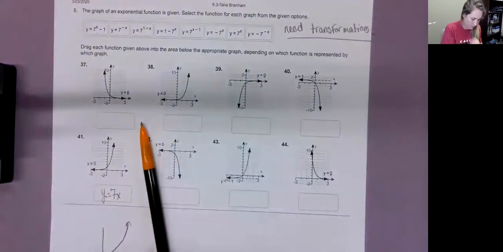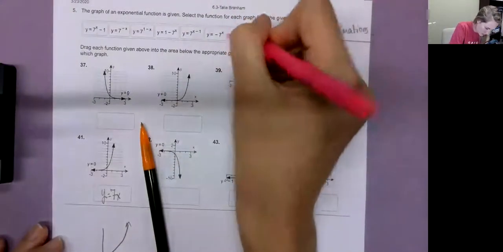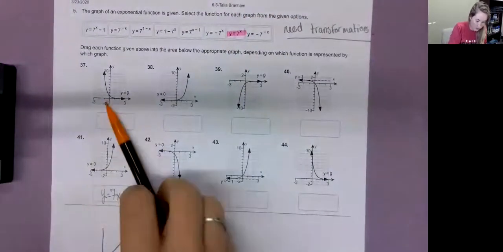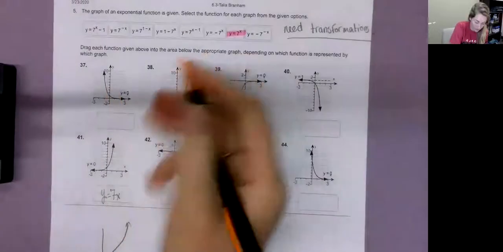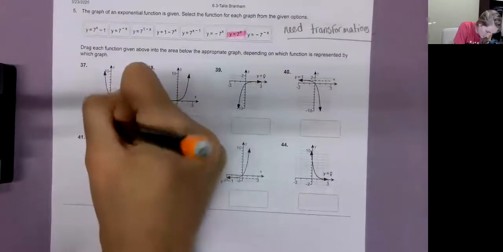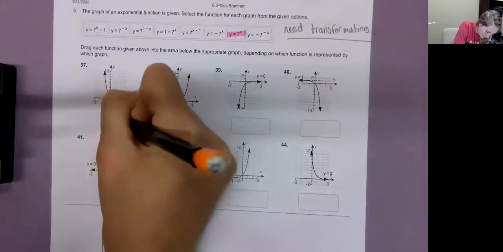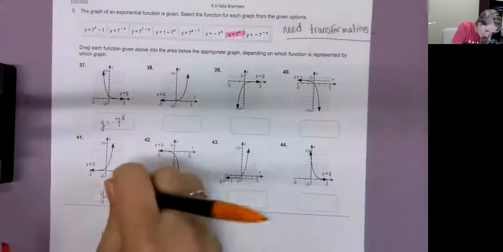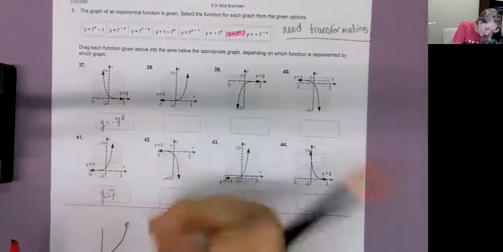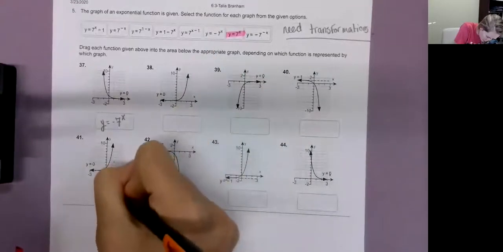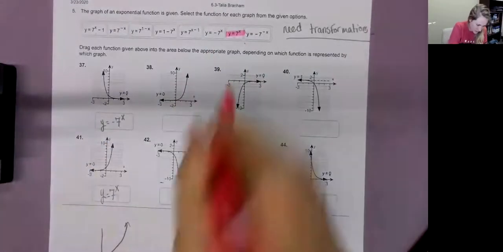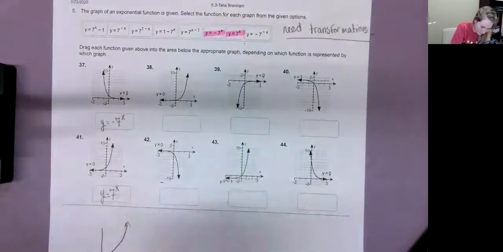So I'll highlight them instead of marking them out. So then the one that's backwards should be this one. It's not times x, it's the exponent because it's an exponential graph. So we've used this one.